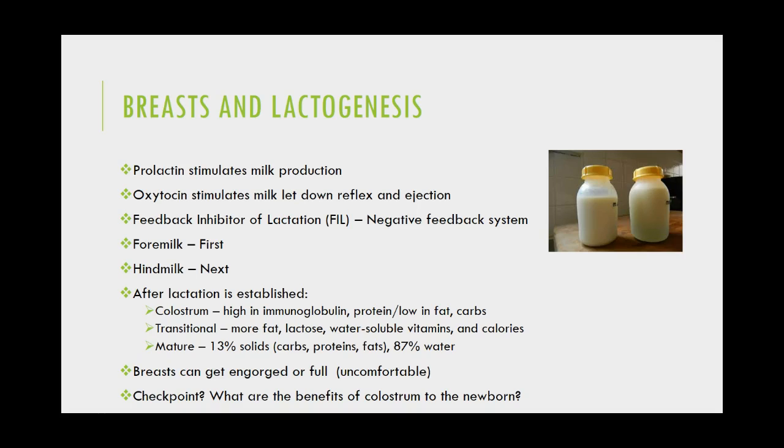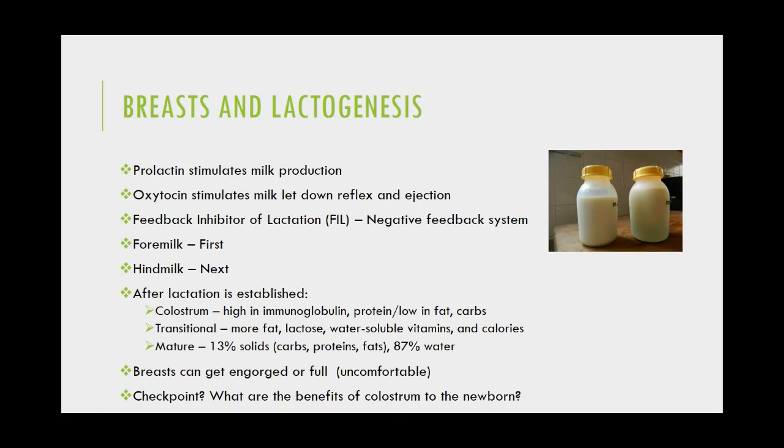When mom's breasts get very full of milk and it doesn't go anywhere, then her body sends a system back to the brain, and it says, okay, we've got plenty of milk in our breasts. We don't need you to make any more. Okay, so prolactin, you need to slow down. We don't need you anymore.